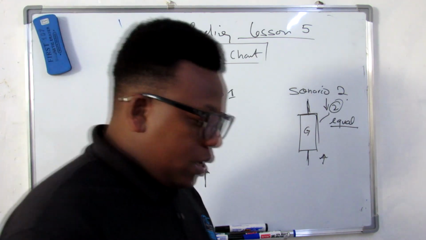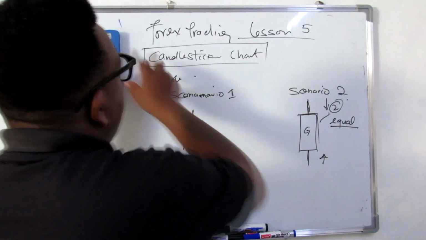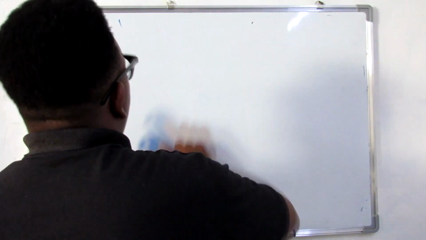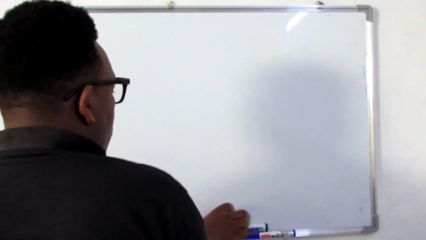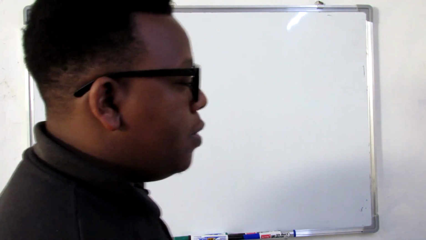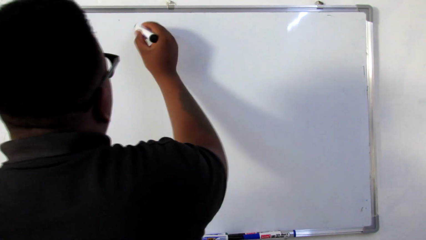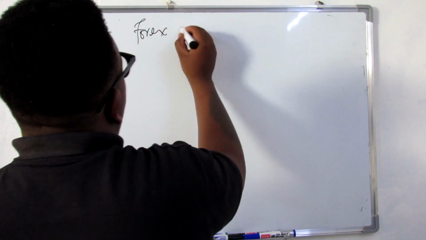So just allow me to go ahead and set things up. This is our lesson number 6, and as I say, we are going to look into the candlestick combinations that you use for entering the market. This is Forex trading.